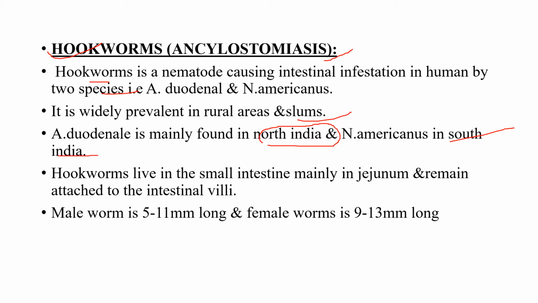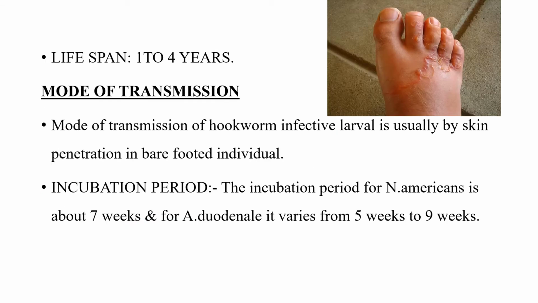Once they enter our body, they colonize the small intestine, mainly the jejunum, remaining attached to the intestinal villi. Next, their length: the male worm is around 5 to 11 mm long, and the female worm is around 9 to 13 mm long.